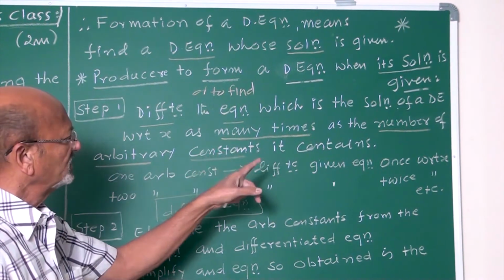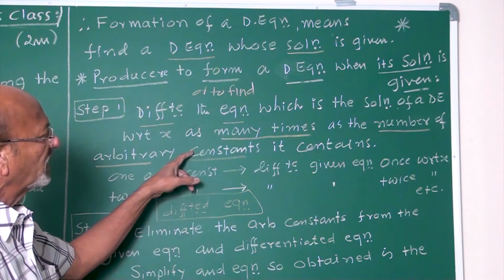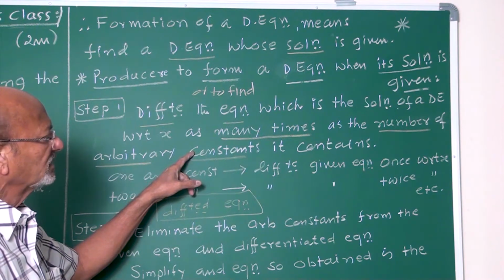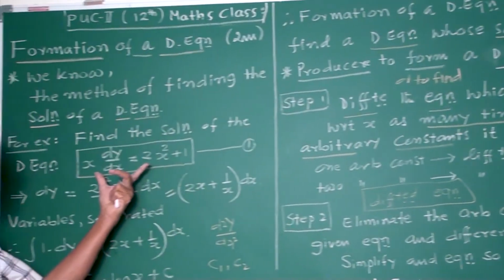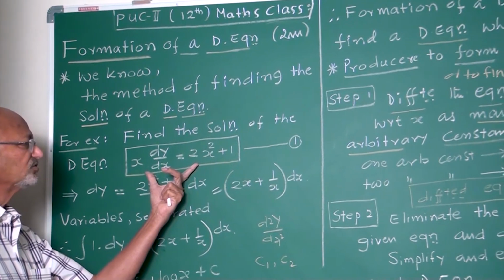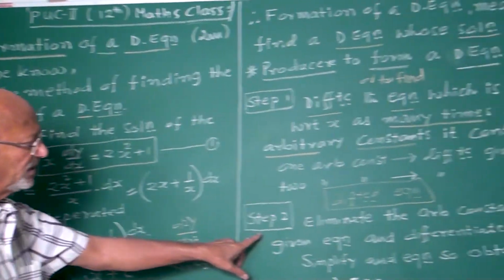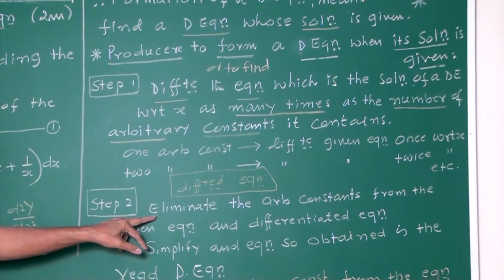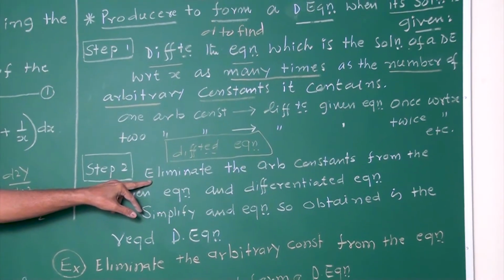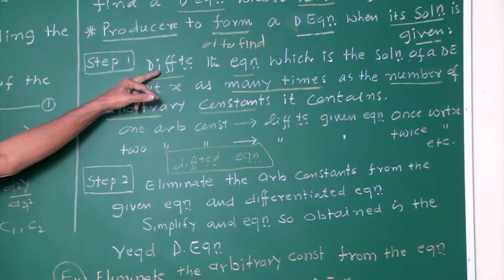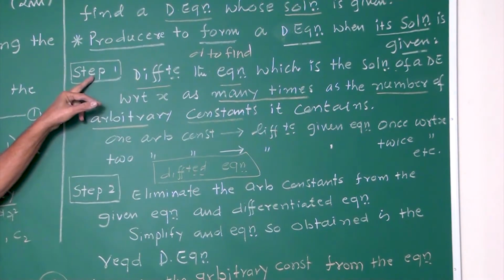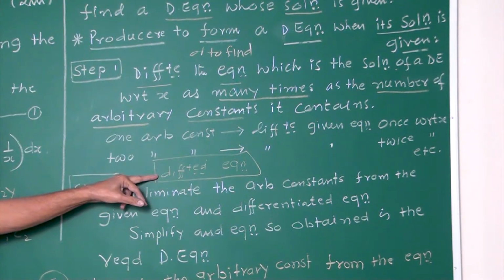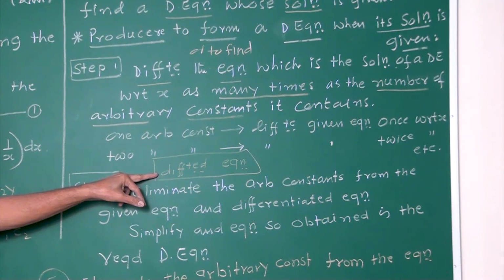As the given equation contains a number of arbitrary constants, see here. To get a differential equation, does it contain an arbitrary constant? Nothing. As it doesn't contain an arbitrary constant, in step 2 you must eliminate the arbitrary constants from the given equation, which is the solution. After the first step, you get an equation called the differentiated equation.